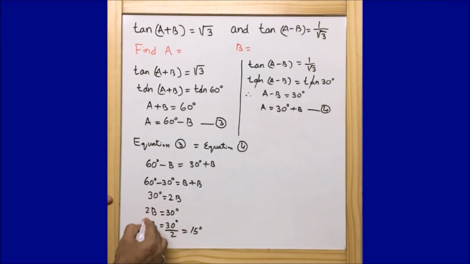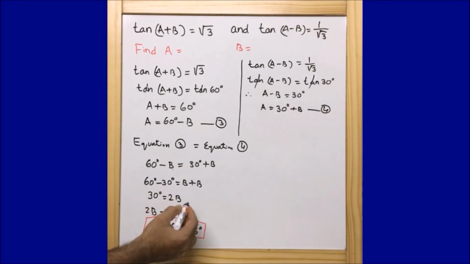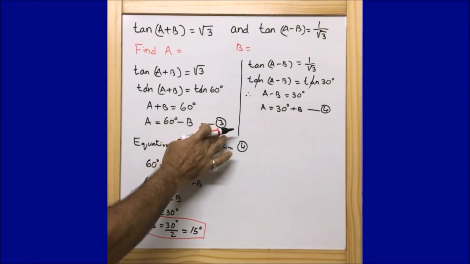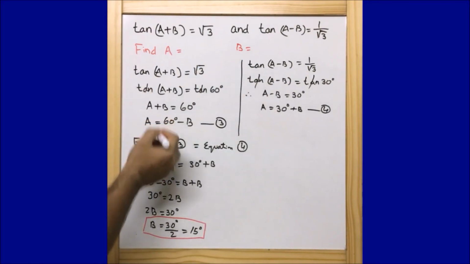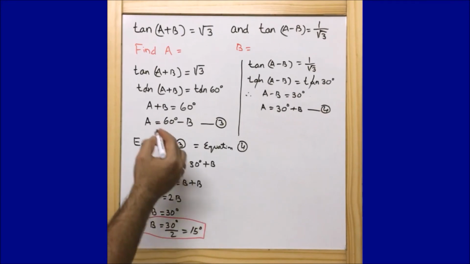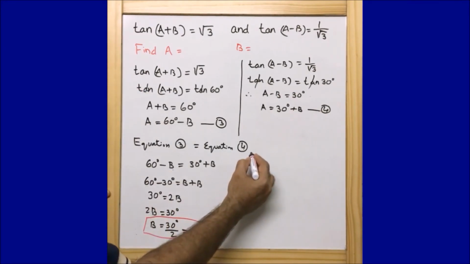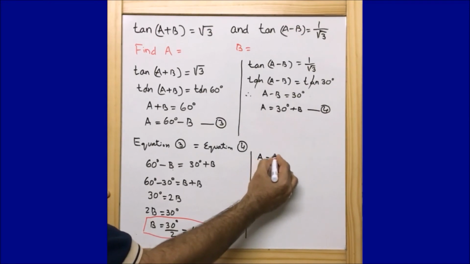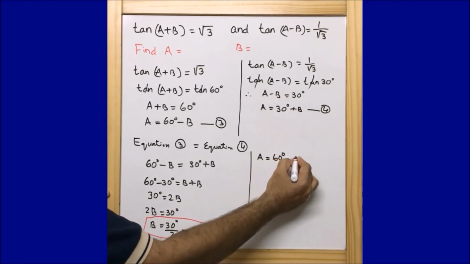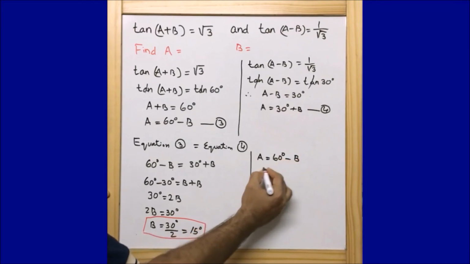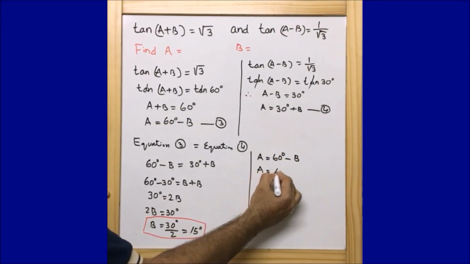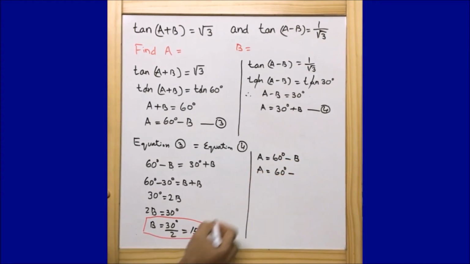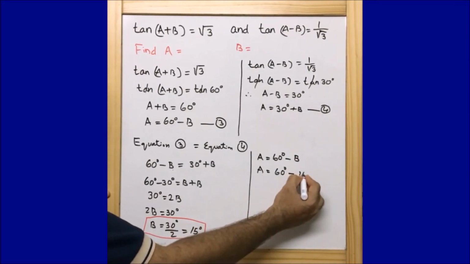So this is one part, we are able to find out the value of b. Now putting this value of b in any of these equations, either in equation 3 or in equation 4. Let us put the value of b in equation 3. So a is equal to 60 degree minus b, or I can say a is equal to 60 degree minus 15 degree.